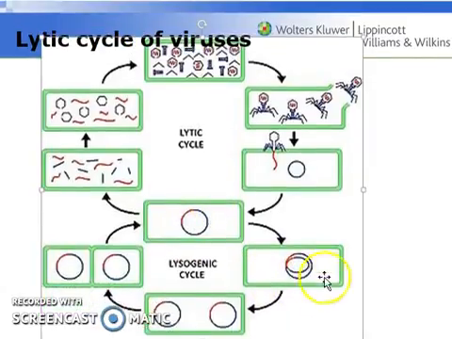And as that viral DNA is replicated, the cell will undergo binary fission, where the cell splits apart. And now you have two cells that have the viral DNA integrated into them. So there's no harm done to the cell in this instance, so it's referred to as the lysogenic cycle. This is what we're talking about when we talk about lysogenic conversion.